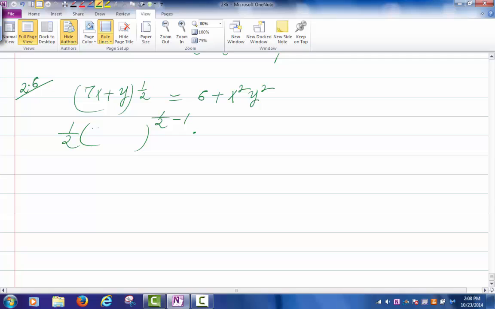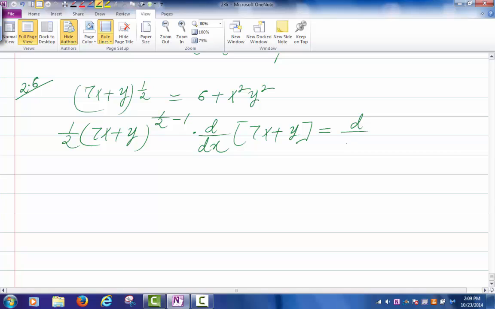However, you don't have x, you have 7x plus y. So that means that after you take the derivative, assuming it is x, you would have to multiply by the derivative of that thing that you hoped was x. And then on the right hand side, the derivative of 6 would be 0.